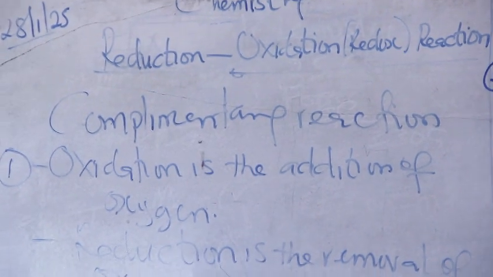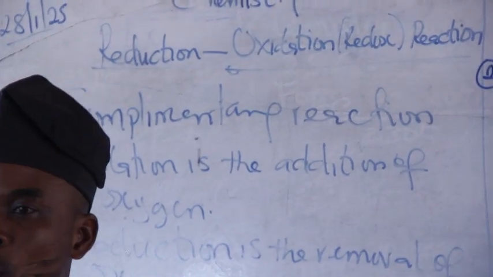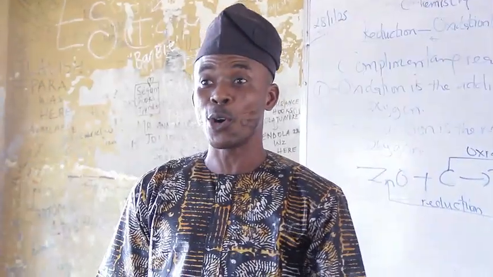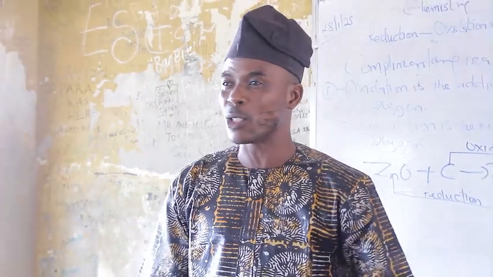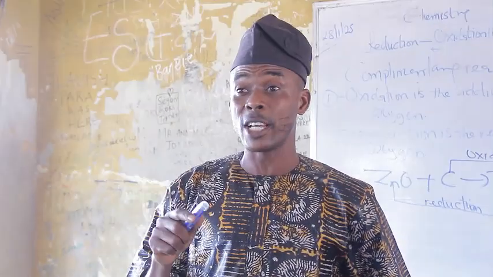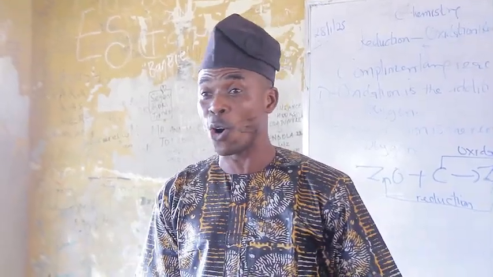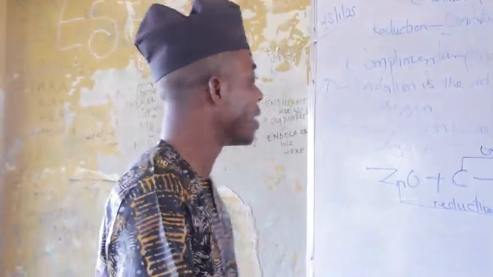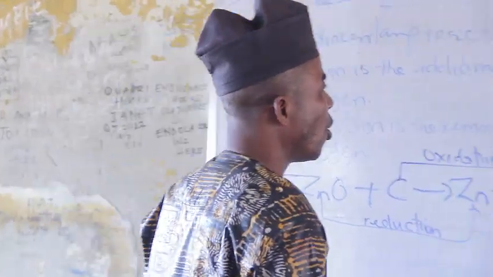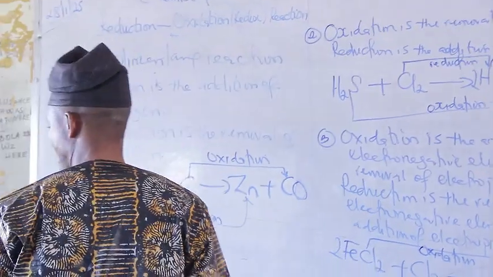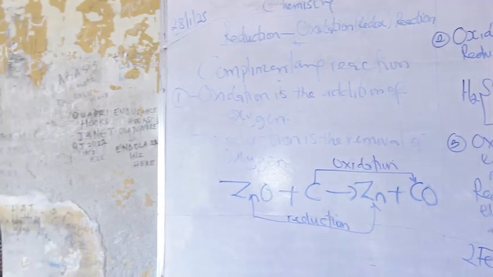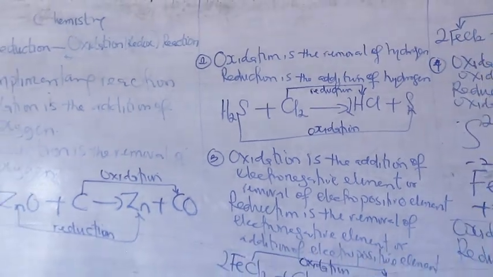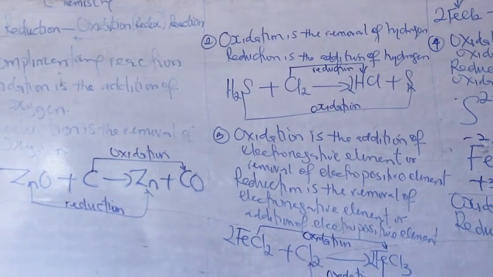Now, if there is loss or gain of electron, or addition or removal of hydrogen, a substance or an agent must lose or accept the electron. These agents are either oxidizing agents or reducing agents. So let us look at reducing agent and oxidizing agent.